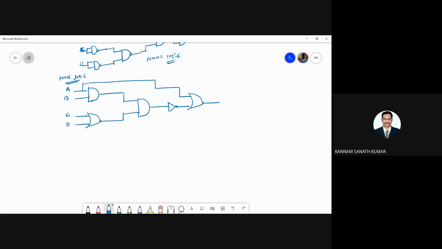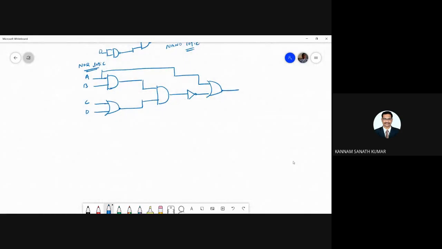Wherever you have the AND gate, you have to add the bubble at the input side of the AND gate. So in NOR logic, the first gate is an AND gate. You have to add a bubble at the input side. And the second gate is an OR gate. You have to add the bubble at the output side.